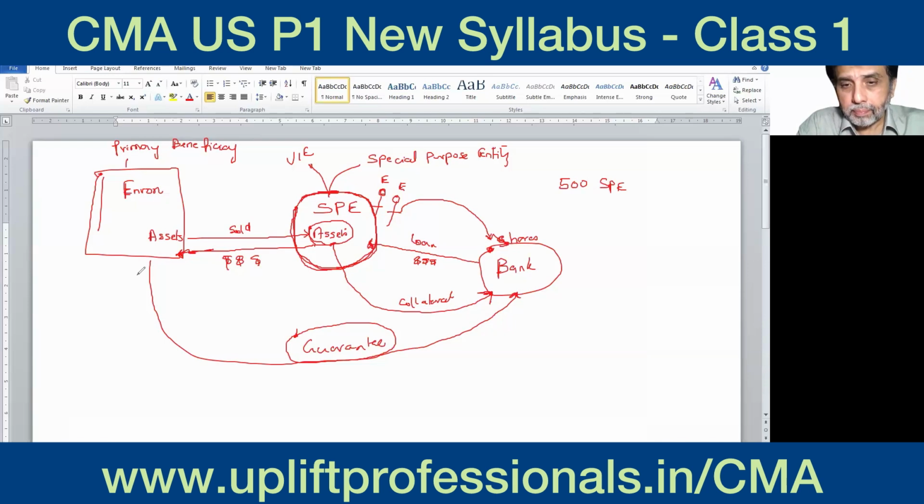You got it? So this is the risk and reward model of consolidation. It states that if the company is substantially involved in the economics of another company, then consolidated financial statements are required. That is more or less about consolidation.